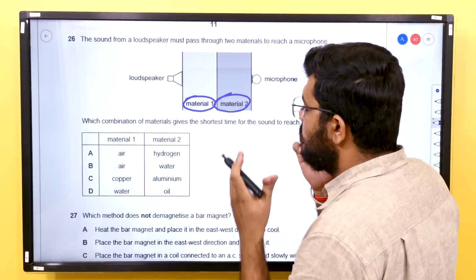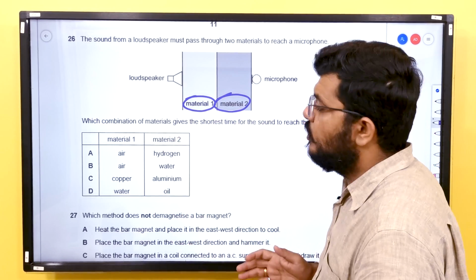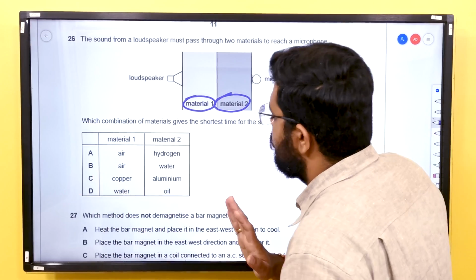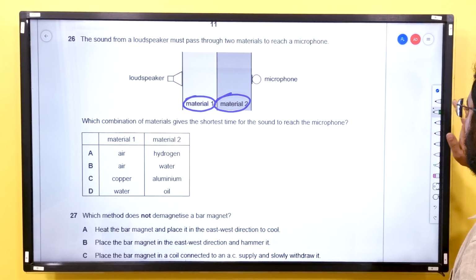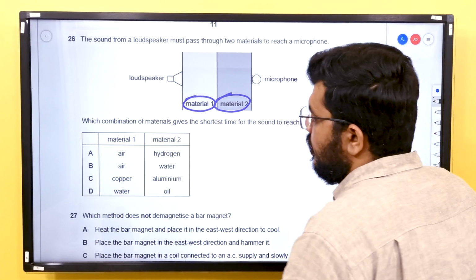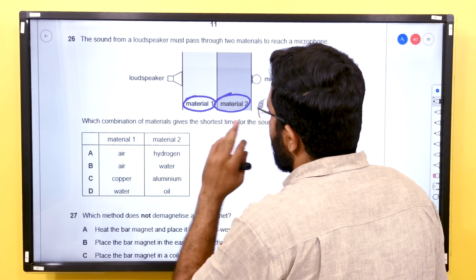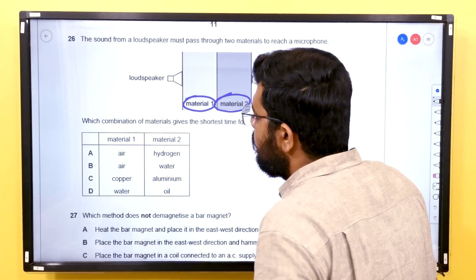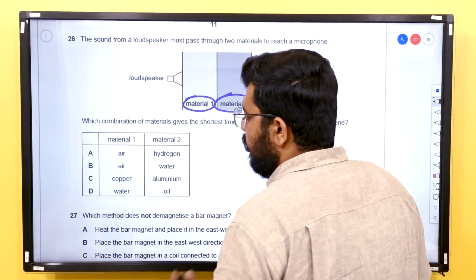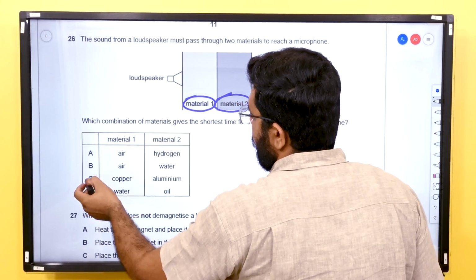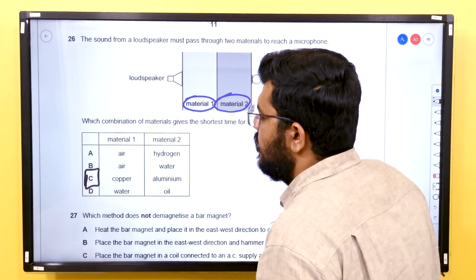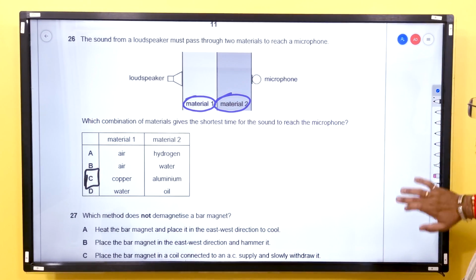So both of them solids is the best case scenario. Let's see. Air, hydrogen, both are gases. Air, water, gas and liquid. Copper, aluminium, both are solids. Water and oil, both are liquids. So your best option is option C.